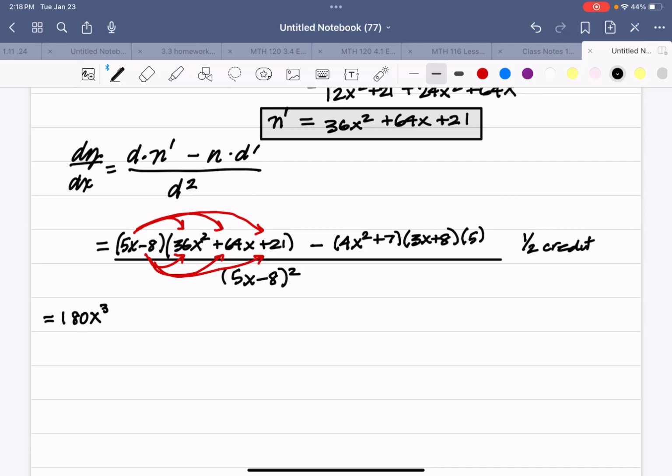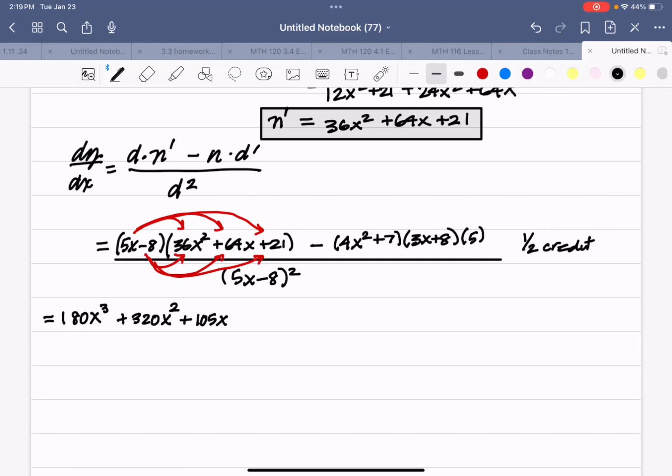And then 5x times 64x is plus 320 x squared. And then 5x times 21 is plus 105x.